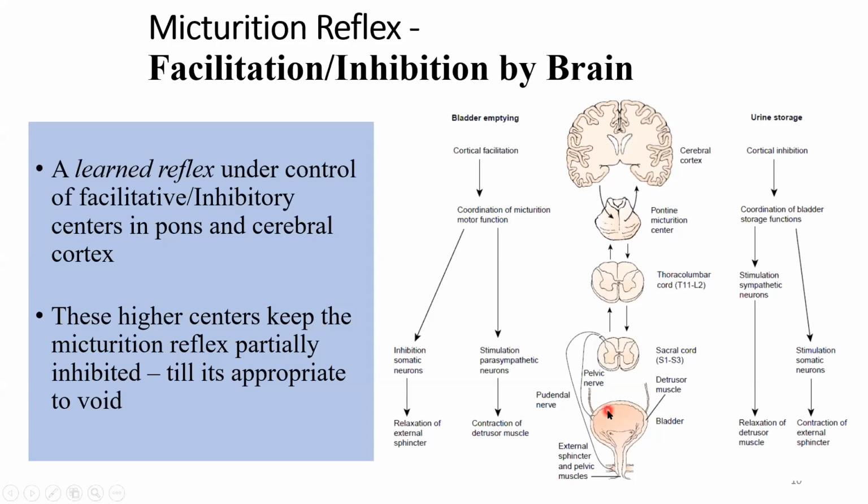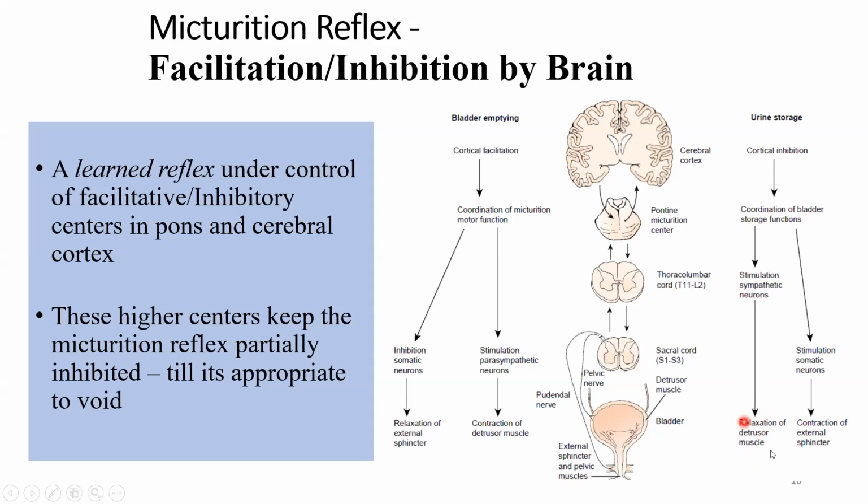Okay, so the urine storage, look at this. He has given two flow charts. One is this, correlated with this diagram. The urine storage is when the cortical inhibition, meaning the inhibition exerted by the cerebral cortex and its associated areas in coordination with the pontine center, is basically stimulating the sympathetic neurons, which we mentioned are pro-filling.